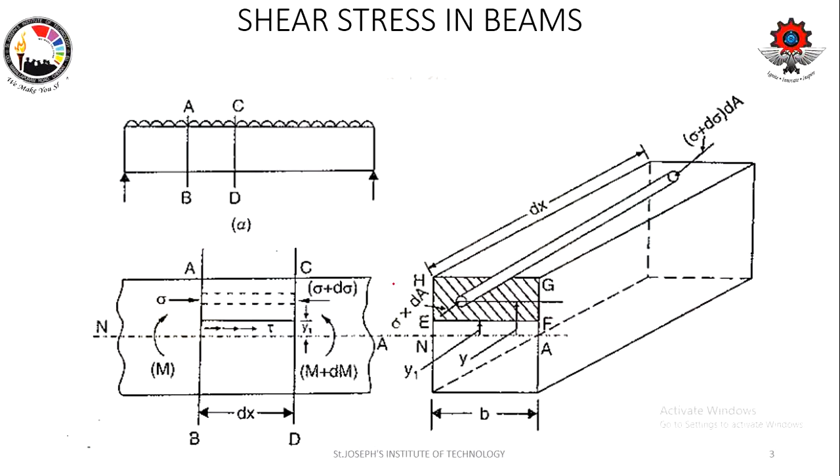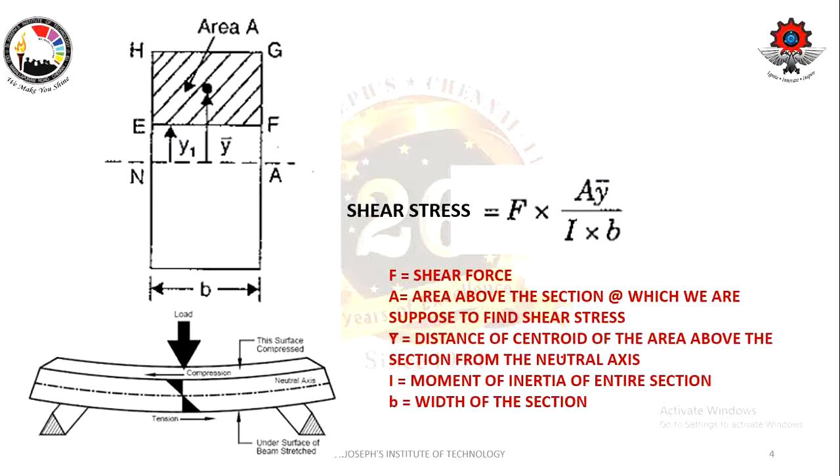If you take the cut section on any part of the beam, at that particular cut section, you can view how the shear stress is acting at that particular section. So for that, they have derived a formula, which I am going to show now.